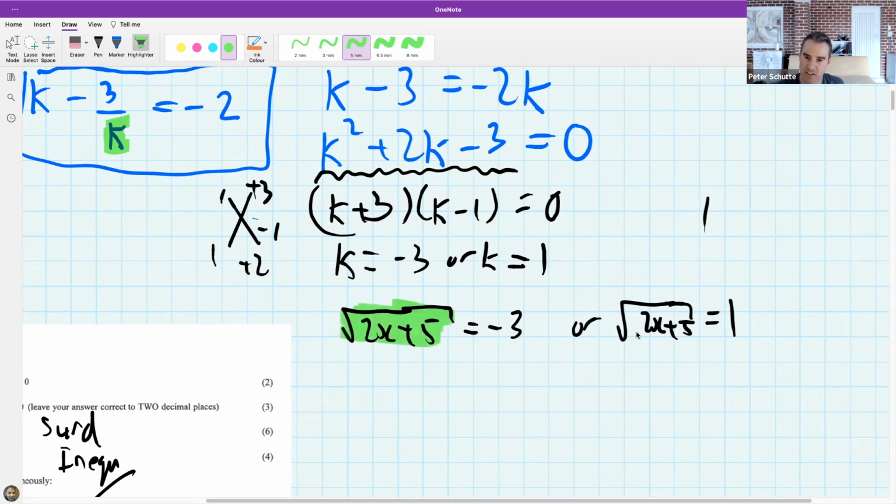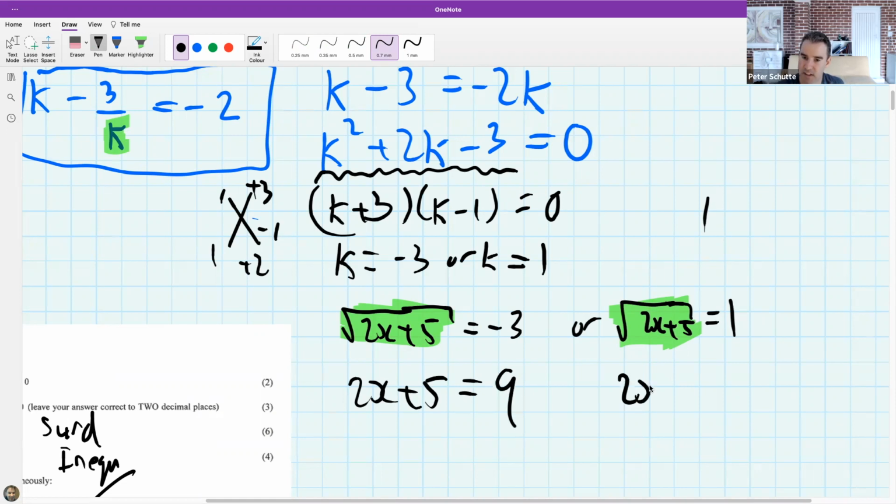What undoes a square root? That is a question. Chloe and Loreto are onto something. Square both sides. Fantastic. Yes. So I square both sides and I get minus 3 squared, which is going to be 9. And over here, I'm going to get 1.